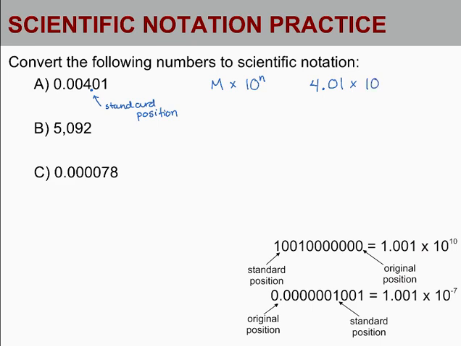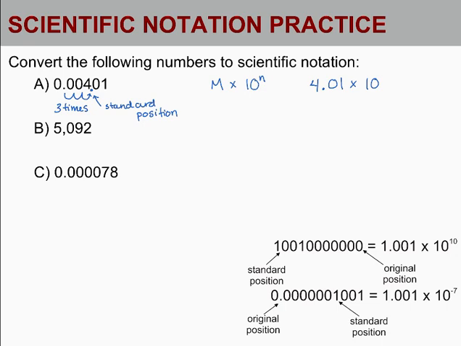Now we have to figure out what is the exponent on our power of 10. So in order to move that decimal point from the original position to the standard position, we have to move it once, twice, 3 times. So our exponent will have a 3 in it, and now we need to determine, is it going to be a positive exponent or a negative exponent?